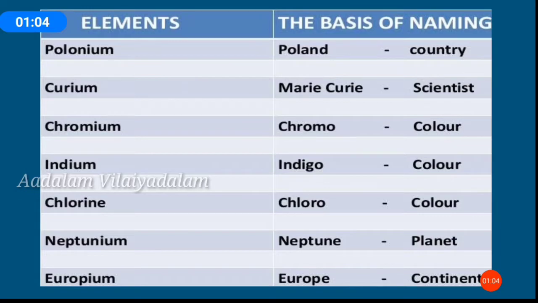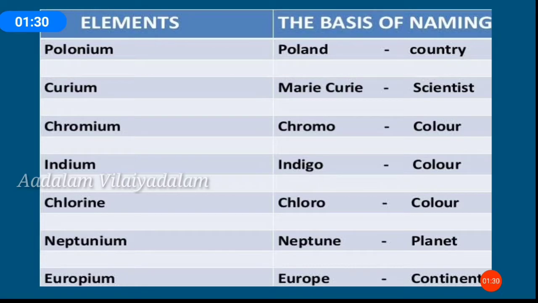The names of some elements were given after places, countries, continents, scientists, planets, etc. Here are some of the elements and their namings on the basis of country names, scientist names, and colors. Polonium.